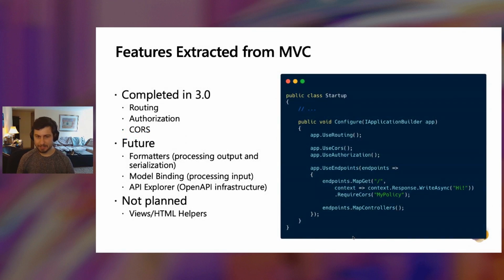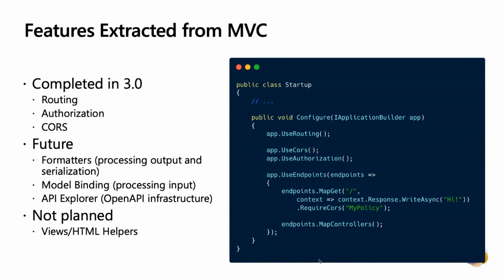This is around the ASP.NET Core 3.0 timeframe, when the routing, authorization, and CORS basically all got extracted out of MVC into something that can be used by SignalR, MapGet, and still also used from MVC controllers, Blazor, et cetera. So basically, we noticed that a lot of web frameworks and web applications wanted features that you typically had to use MVC before to get.